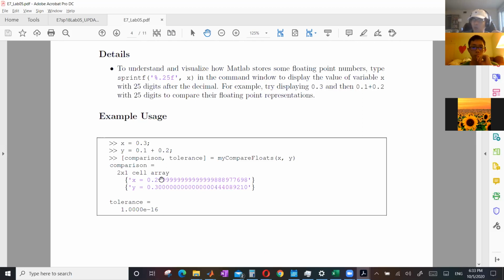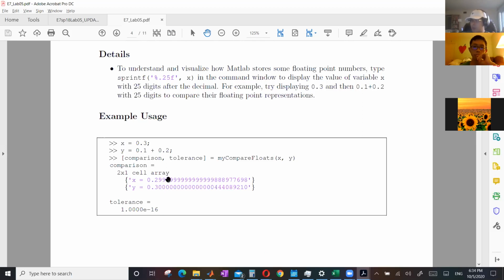So when you ask the computer to represent the number 0.3, it rounds it to the nearest summation of powers of 2 that can get to 0.3.